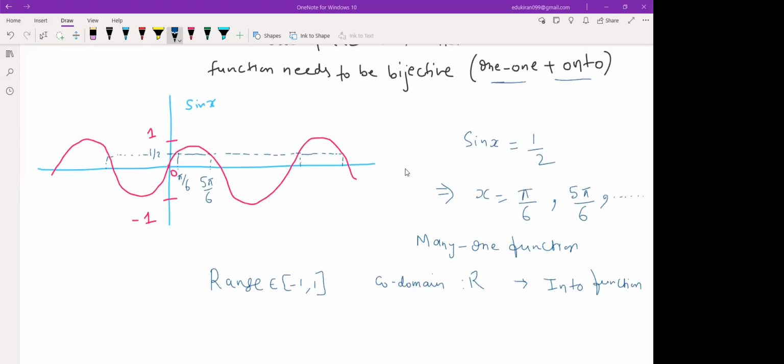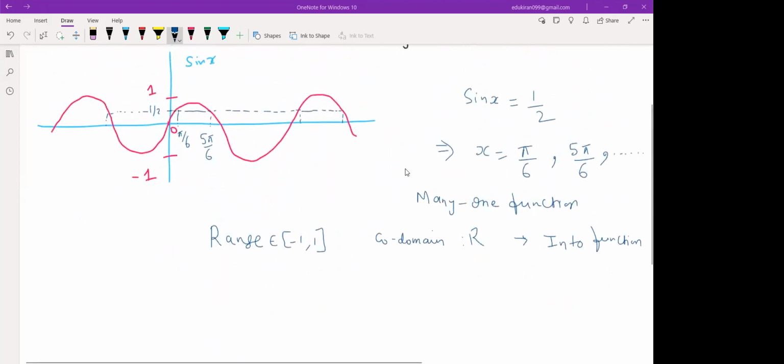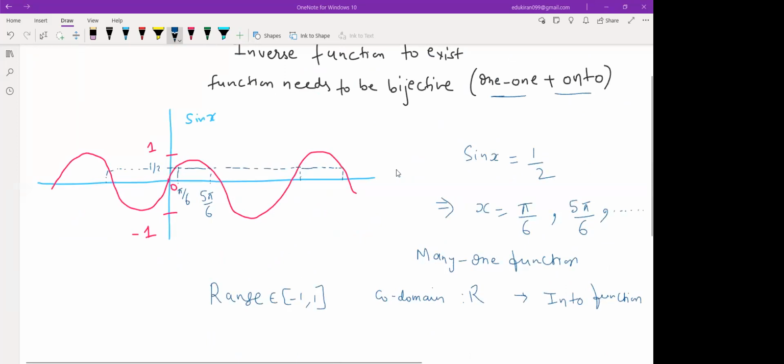So our task is to change this many-one and into function into one-one and onto. If we want to do this, we will first define sin x as a function f(x), where f is from some restricted domain to some restricted codomain. We will take the branch of sin x which covers all the values from -1 to 1 once.